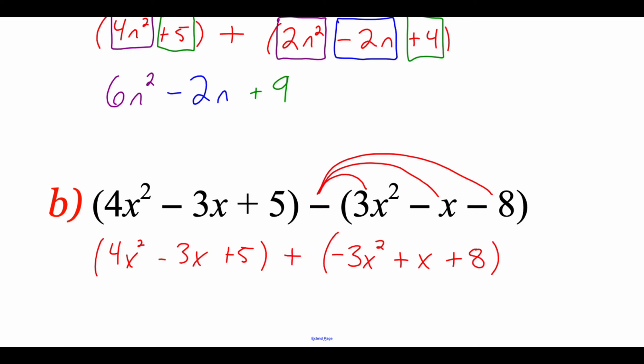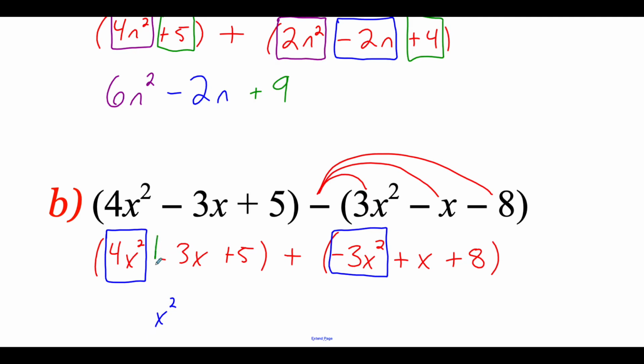Now, I'm looking for those like terms. I have 4x squared in my first polynomial, and in my second polynomial, I have minus 3x squared. So if we add those together, 4 plus negative 3 is going to give me 1x squared, but I don't really need to keep the 1 on that, so I'm just going to write it as x squared.